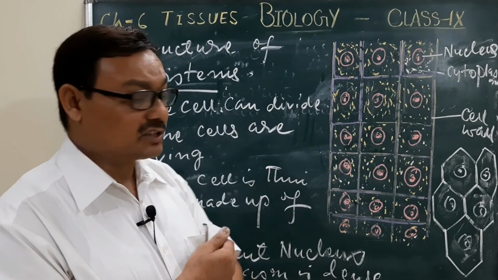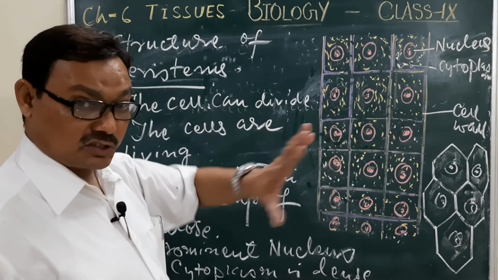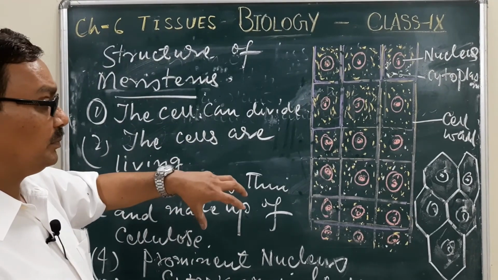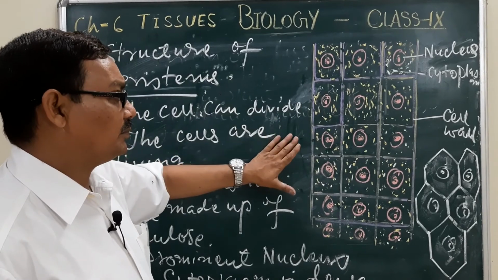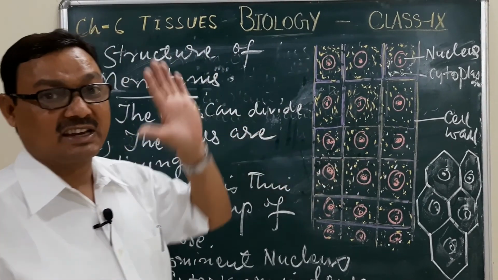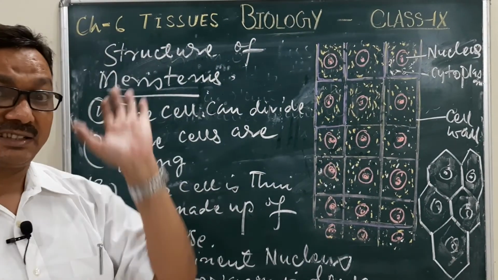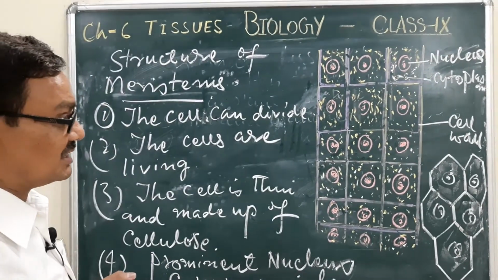It is thought that the cell sap present within the vacuoles may give turgidity and rigidity to the cell, and it can create hindrances in dividing the cell. That is why vacuoles are not present.